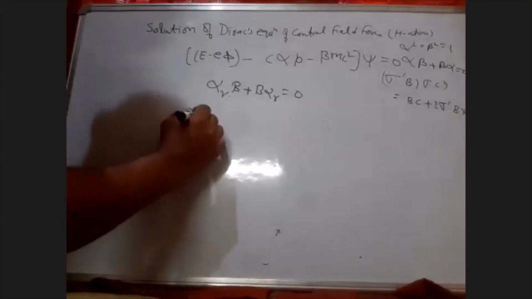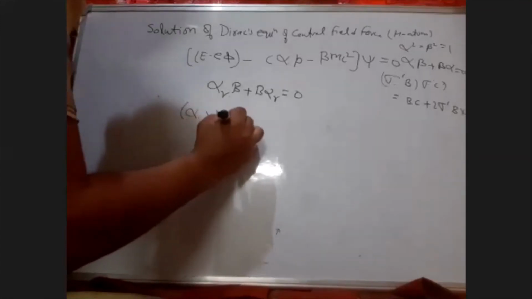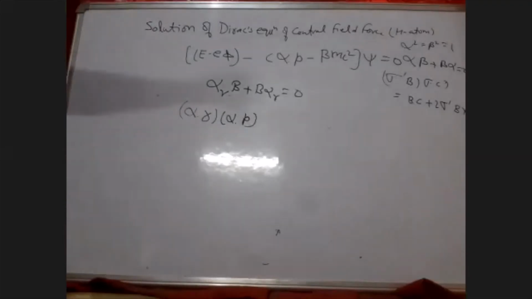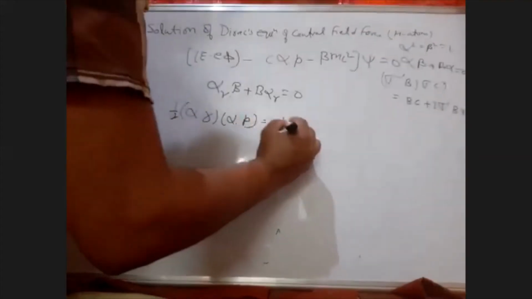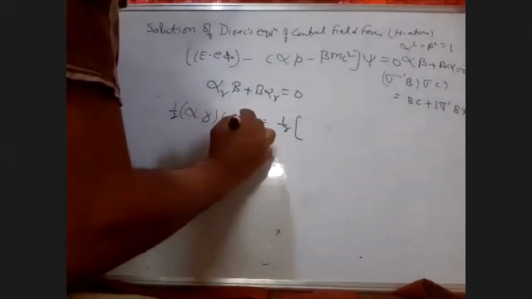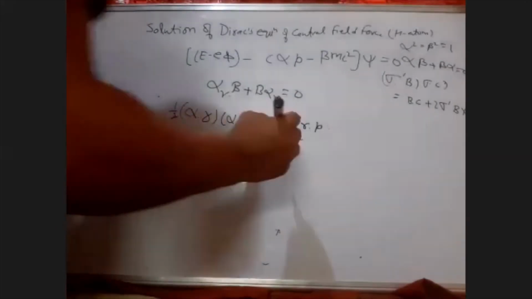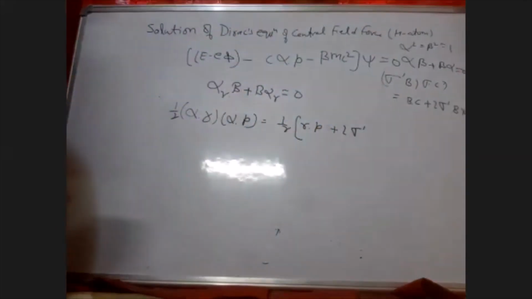Now let us calculate alpha dot r, alpha dot p by using the identity: 1 upon r, alpha dot a, alpha dot p, alpha dot b, r dot p plus i sigma dash r cross p.